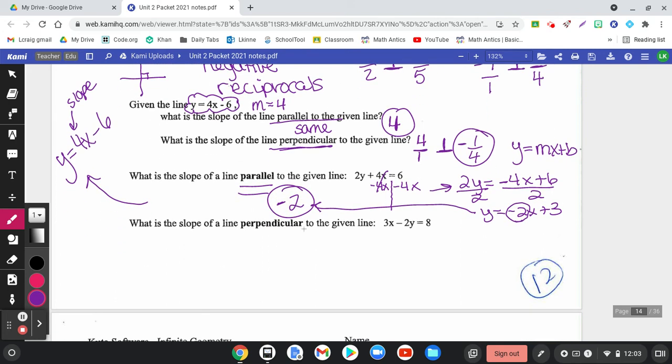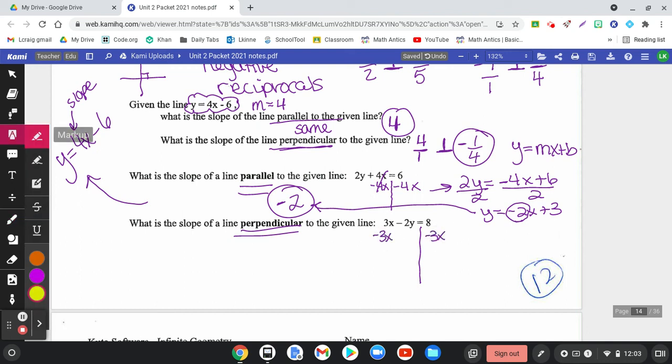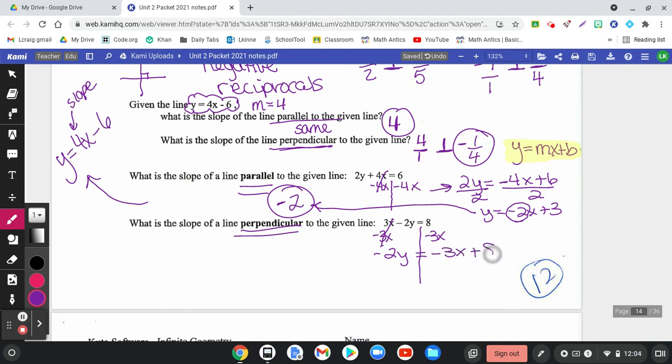All right, same thing with the next one. Before you can tell if it's perpendicular, you need to solve for y. So I'm going to subtract the 3x to the other side. Because again, coming back to algebra, you always want it to look like y equals mx plus b. So I'm going to move the x to the other side. I have negative 2y equals negative 3x plus 8.